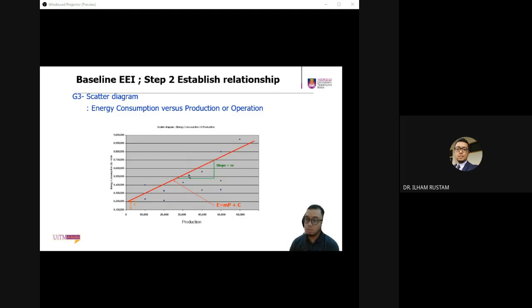M is big, so that means at 60,000 the M value is high, that means your efficiency isn't as good. And if you are able to get it almost at a plateau, a straight horizontal line, that means the efficiency throughout 10,000 production or 20,000 production doesn't matter. That means the efficiency is the same. So that means your efficiency is good.